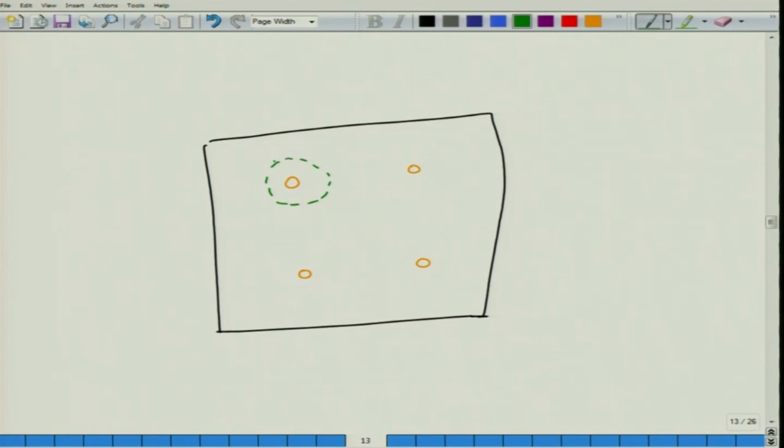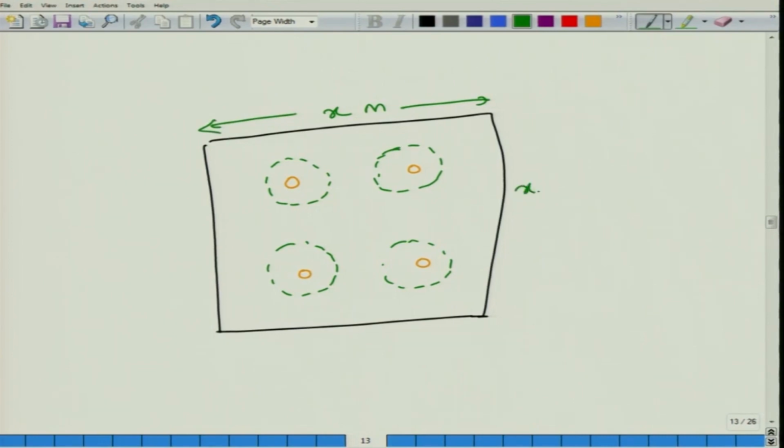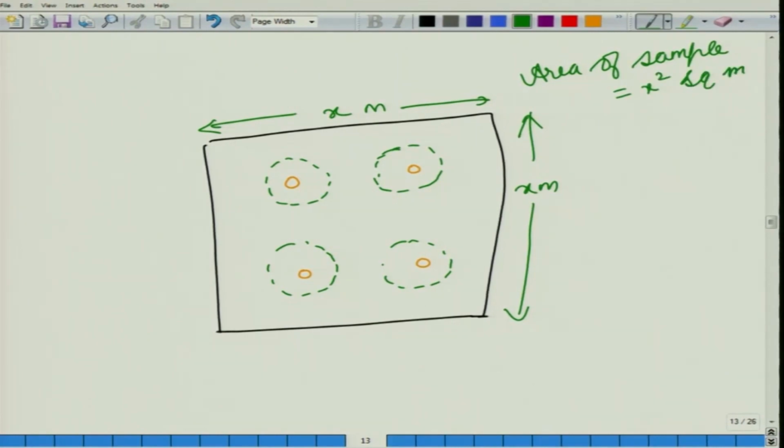If we know the number of trees per unit area and the crown diameter, suppose this area is x meters by x meters. So, we are considering a squarish cross section. So, the area of sample is given by x square meters.